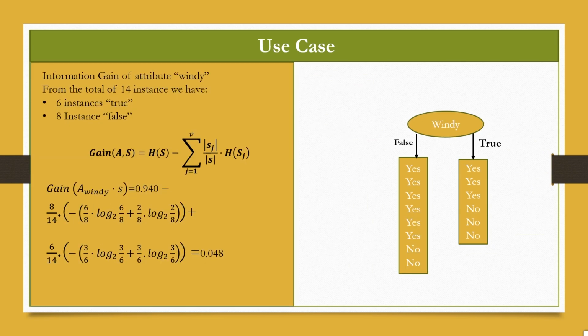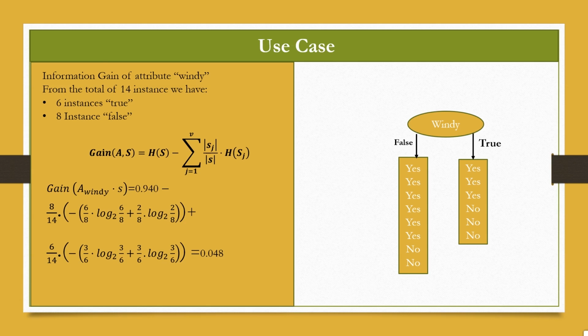Now, a point to remember is that a variable that results in the highest information gain must be chosen because it will give us the most precise output information. So the information gain for attribute windy, we'll calculate that first. Here we have 6 instances of true and 8 instances of false.